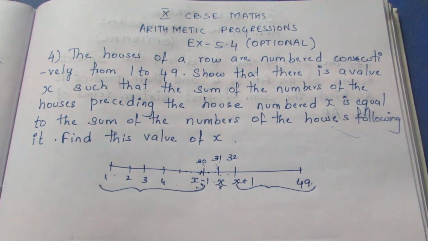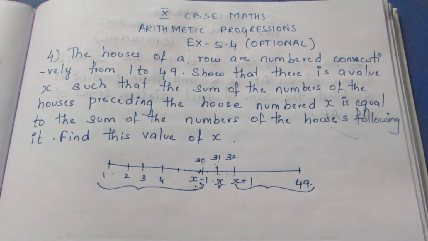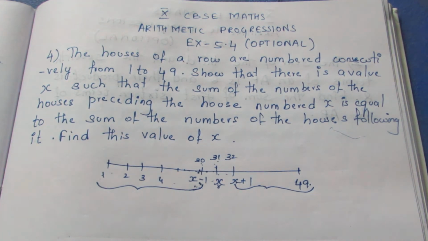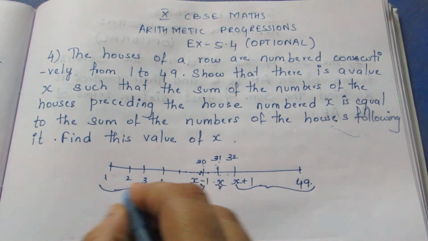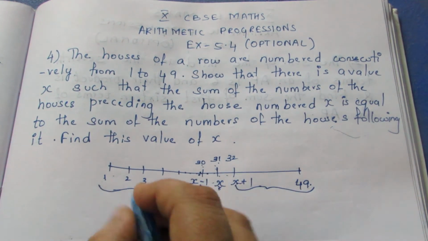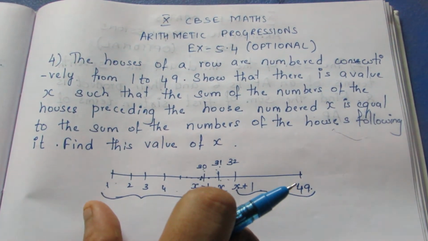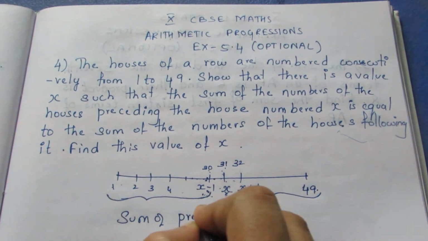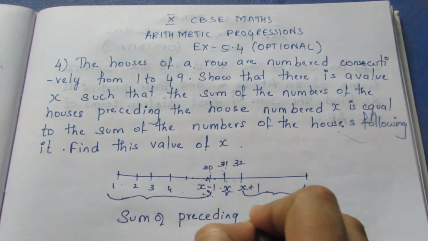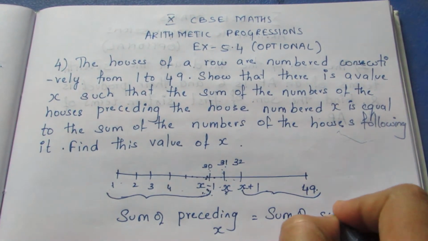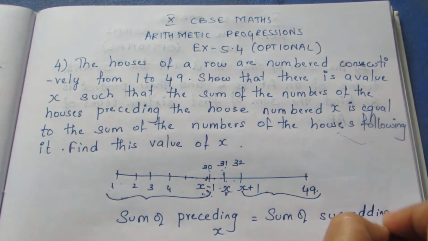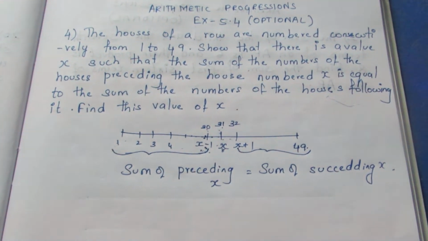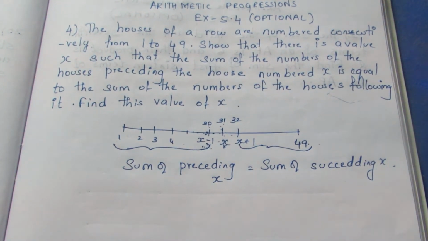Now we know the Sn formula. The Sn formula can be used only when we take the numbers from the first term; we can't take it in between numbers. So the sum of the houses preceding x is equal to the sum of the houses succeeding x.